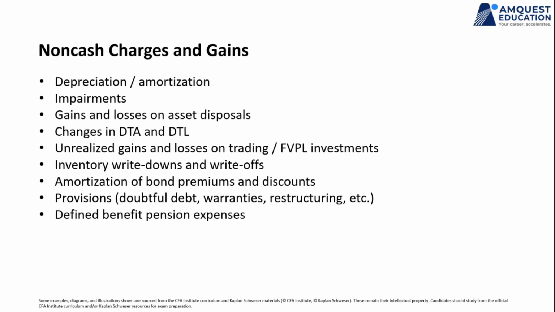Now, non-cash charges and gains. Whenever we say non-cash charges and gains, these are depreciation and amortization, impairments, gains and losses on asset disposals, and changes in deferred tax assets and deferred tax liabilities.